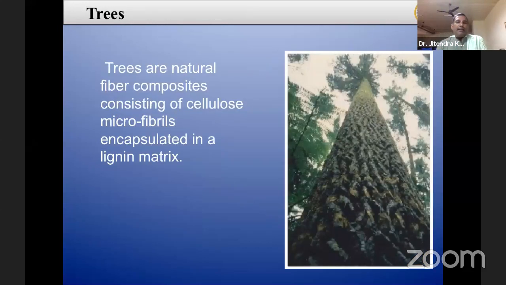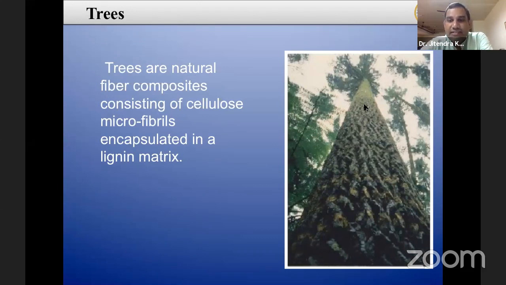Natural fiber composite was also used in that era. Natural fiber composite is taken from our trees, because it consists of cellulose microfibrils encapsulated in a lignin matrix.